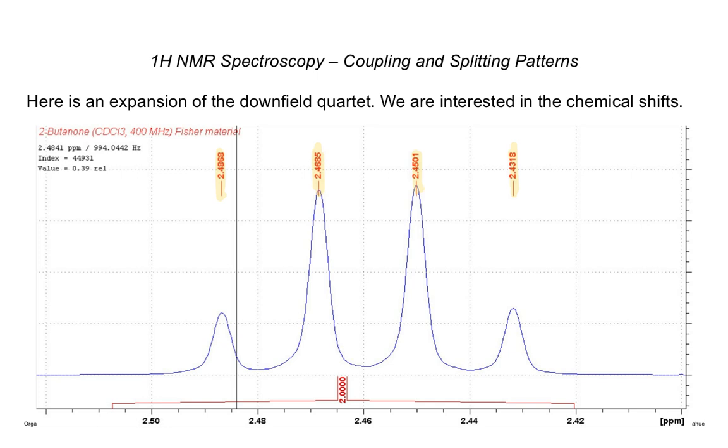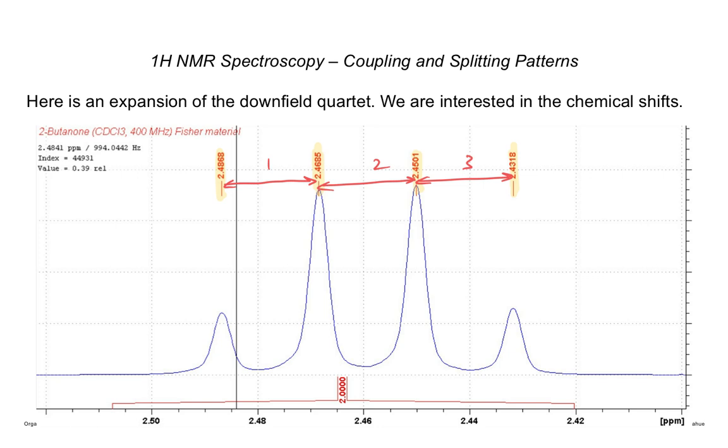So what you'll notice now is of the 4 lines, we can calculate 3 differences, or distances. So I'll just call this 1, 2, and 3. Whatever number of lines you have, you just subtract 1, and that gives you the distances between those signals.